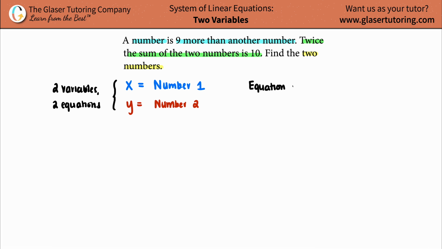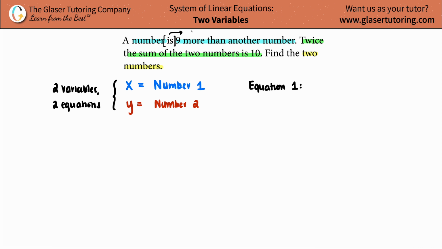And I'm just going to reread it again. Now, the first sentence tells me that a number, I guess this X value, is 9 more than another number. Okay. So let's go all the way back to when we first learned PEMDAS, and we had those clues. Technically, if you see the word "is," that means that's an equal sign.